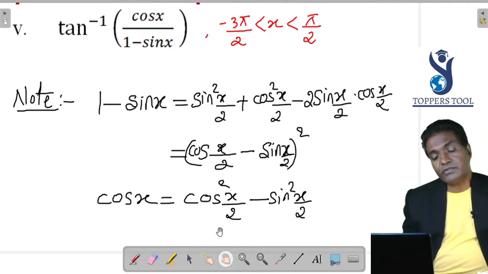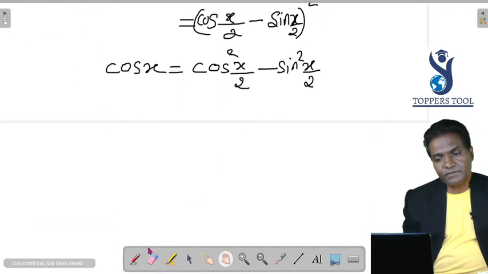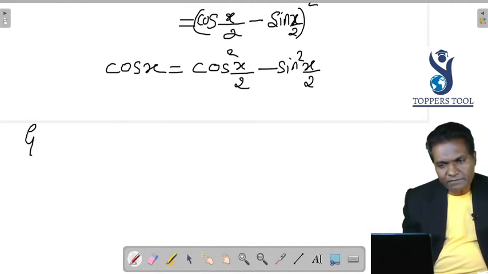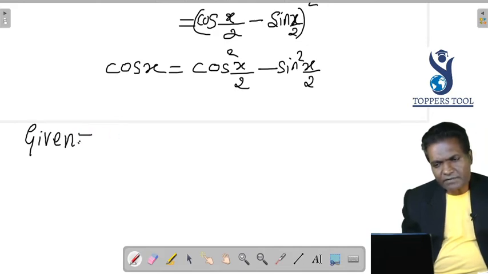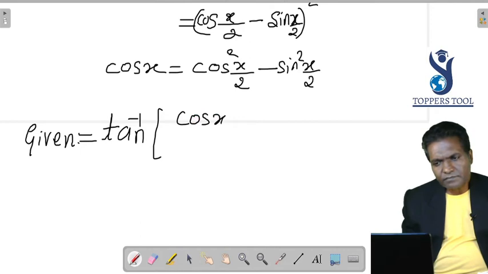So using these two identities, look, your given is what? Given is tan inverse of cos x by 1 minus sin x.